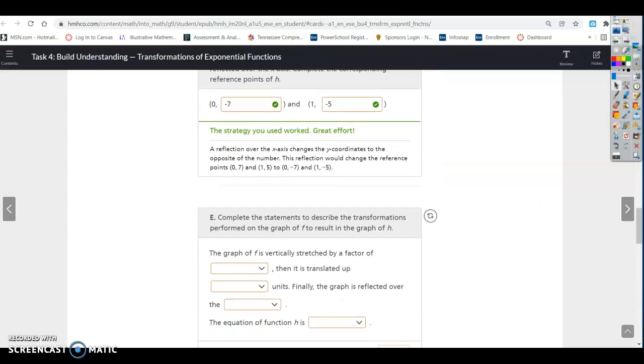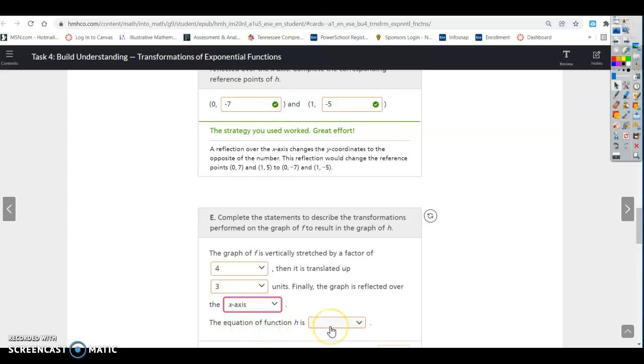So the graph of f is a vertical stretch by a factor of 4, and then it's translated up 3 units, and finally the graph is reflected over the x-axis.